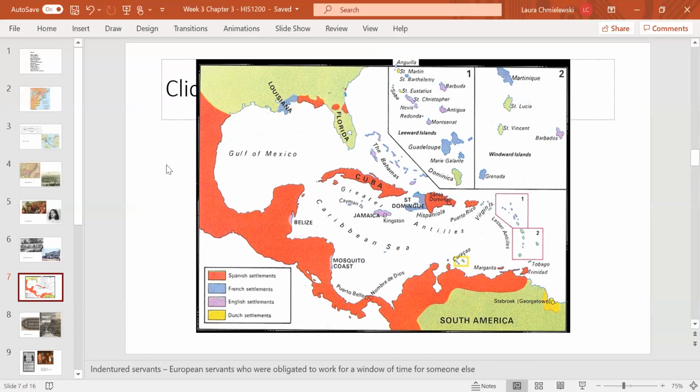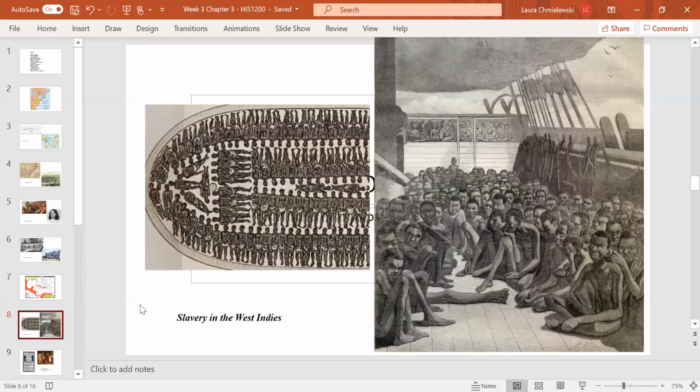It kind of blows one's mind. This is where the sugar that fed Europeans, the sugar that people really wanted, was grown. And it was worth a lot of money.